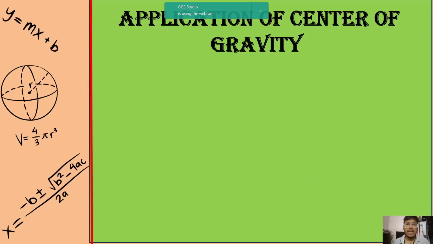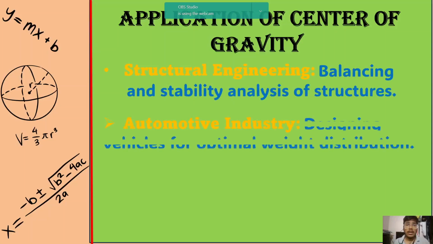The next topic under this main topic is the applications, or where do we apply the center of gravity. It is used in structural engineering for balancing and stability analysis of structures.